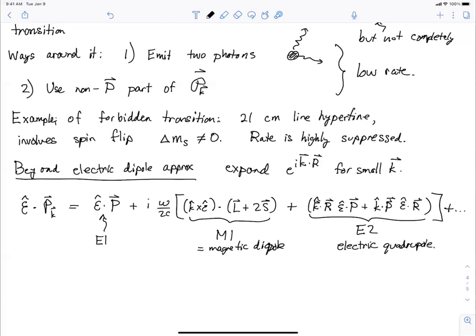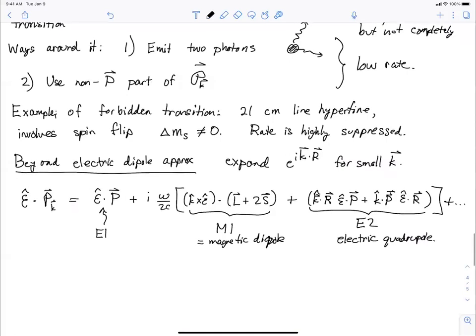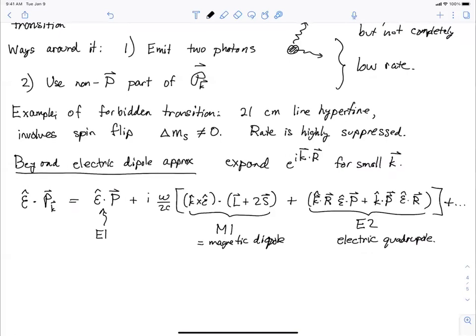And then there's magnetic quadrupole and electric octupole, and on it goes. The idea, though, is that the one that will contribute in any given situation is the first term that you encounter when you do this expansion. So next time we will talk more about that expansion and the selection rules that apply for each of these different kinds of transitions.